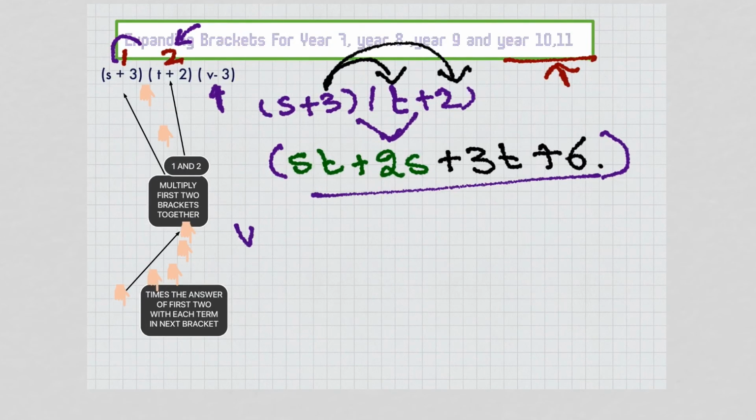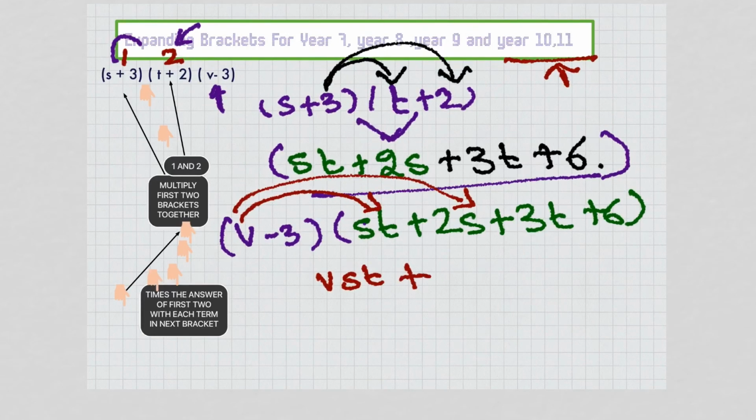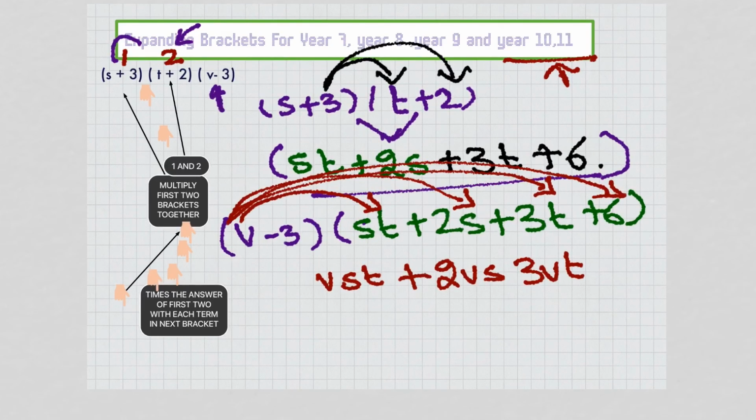So we can write v minus 3 first, and then write down this answer, st plus 2s plus 3t plus 6. The rule is the same: v with everything, vst, and v with 2s is plus 2vs, then v with 3t, 3vt, and then v with 6 is plus 6v.